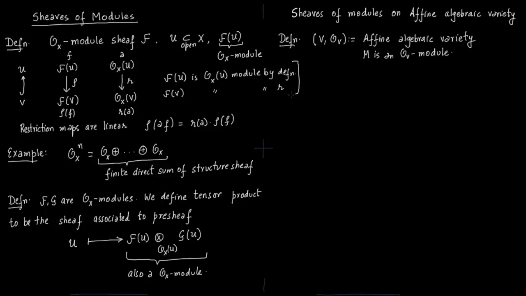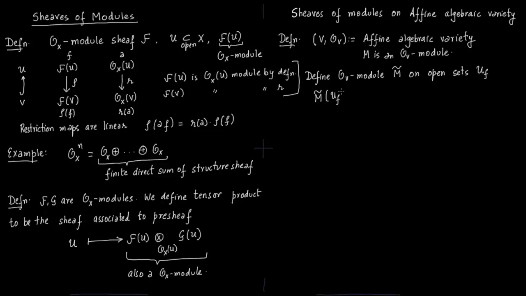So now we define the O of V module M tilde on open sets U of F. We did the same procedure with the structure sheaf. Now we are doing the procedure with O of V modules, and these new modules which we construct on open sets, we will denote by M tilde. Open sets are of the form U of F.